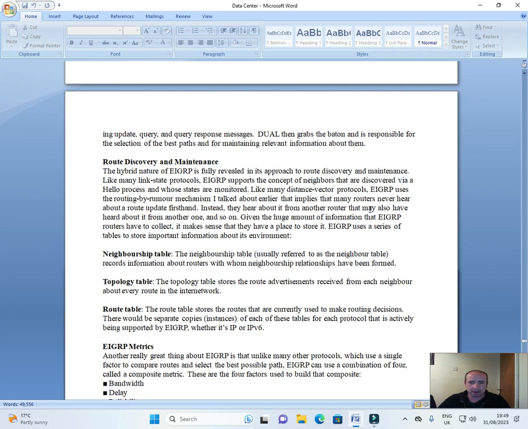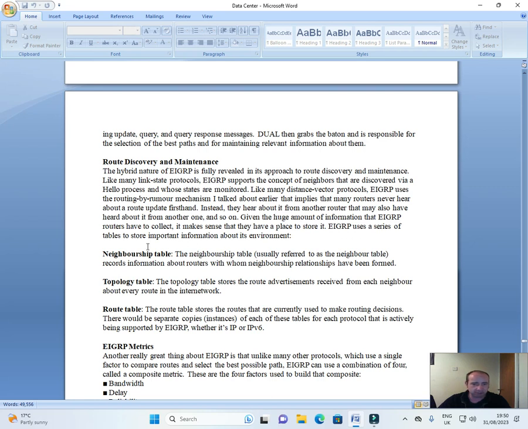That implies that many routers never hear about a route update firsthand. Instead, they hear about it from another router that may also have heard about it from another one, and so on. Given the huge amount of information that EIGRP routers have to collect, it makes sense that they have a place to store it.